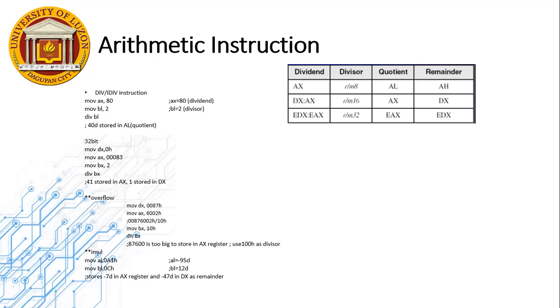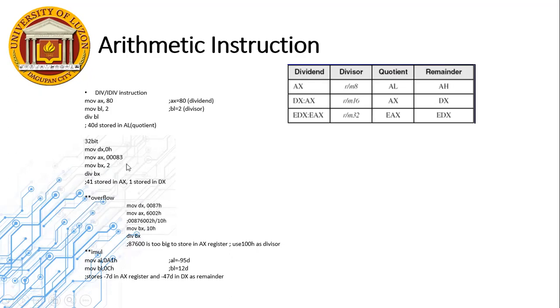I will be assigning a 0 hexadecimal to the DX and assigning 0083 in the accumulator register, and assign a divisor of 2 in the base register and perform the arithmetic here.